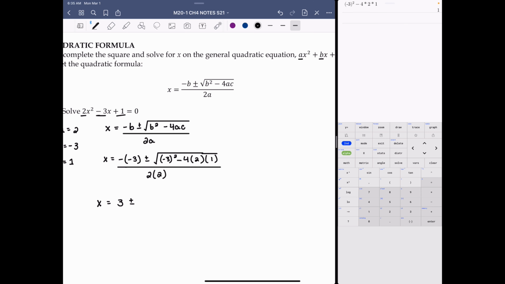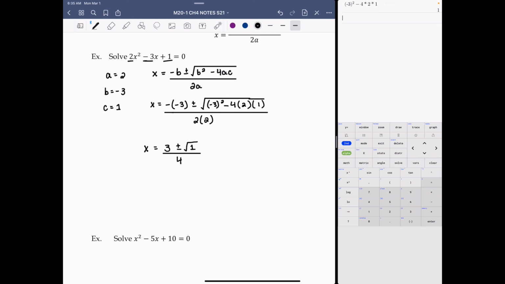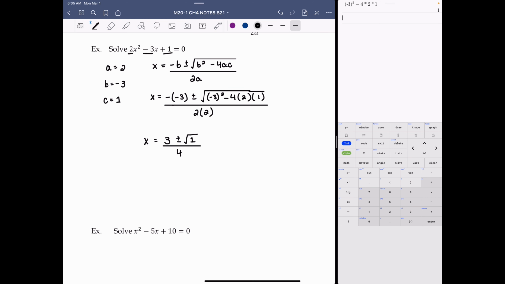I'm not square rooting, I'm just calculating what goes under the square root. So I get a 1 under the square root. And then on the bottom, I have 2 times 2, which is 4. 1 is a perfect square, so I can take the square root of that value. We get 3 plus or minus, square root of 1 is 1. Divided by 4.